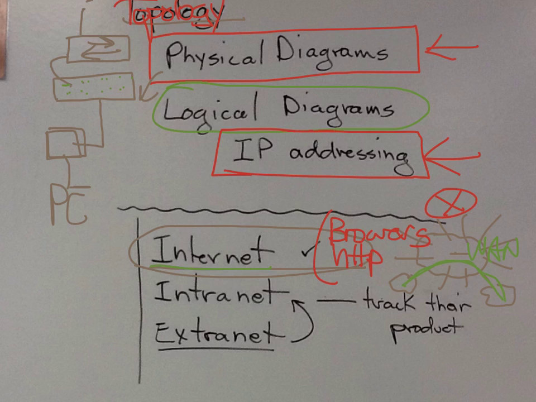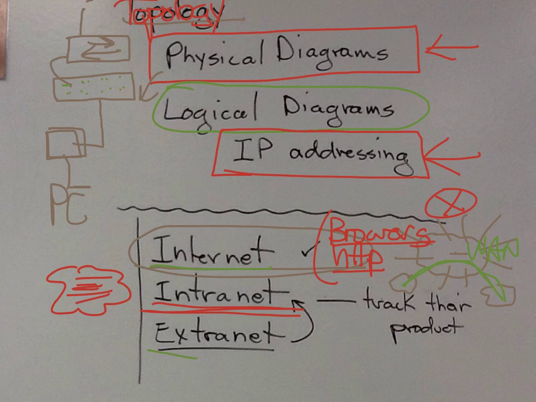You can take that same technology, build it within your business, and have an intranet. It's like the internet, but typically it's private. Everything connects inside, and you can use this technology, browsers, HTTP, and you can have something like here at the college, you have a portal, intranet.